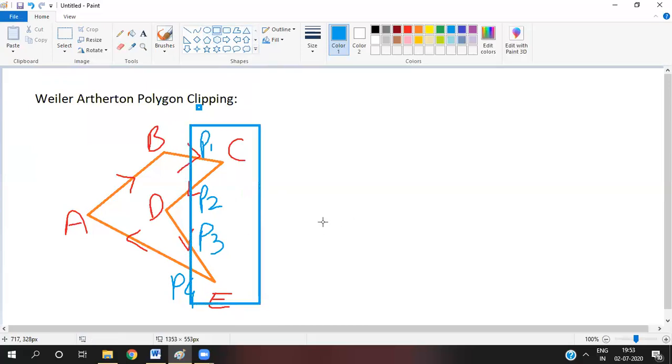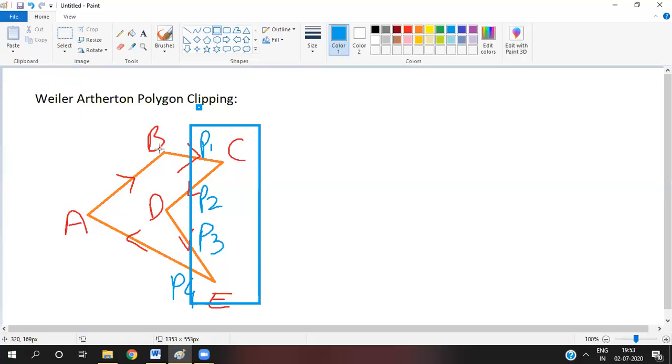Yes, the blue is the clipping window, and this one is the polygon. Okay, ABCDE is the polygon. Okay, so let's understand it.